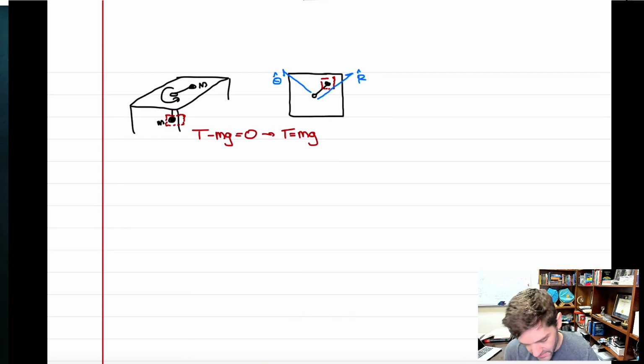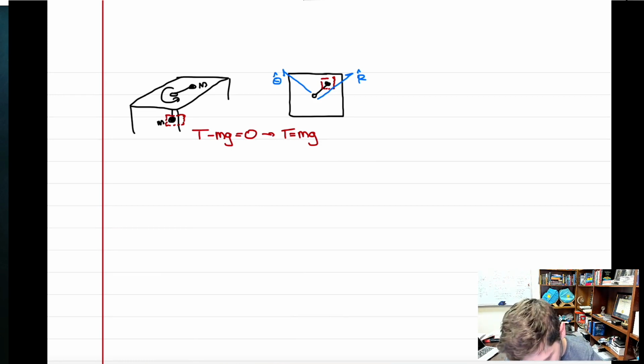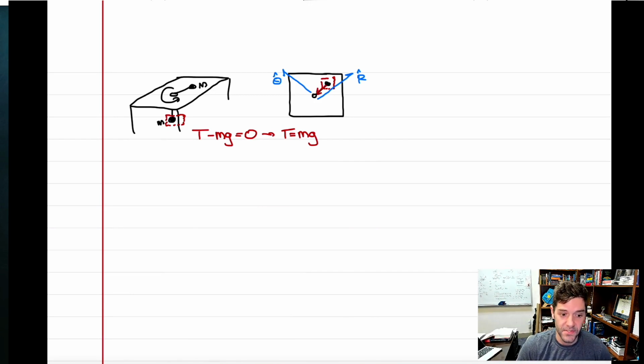But in this case, if you imagine as the thing spins around and the axes move with the particle, the rope always points in the radial direction. It always points towards the center of the circle, which is where this coordinate system really gets a benefit.